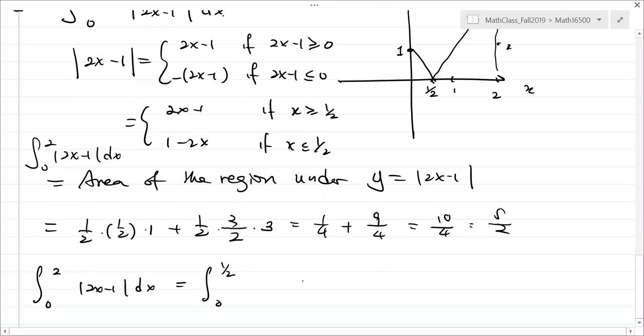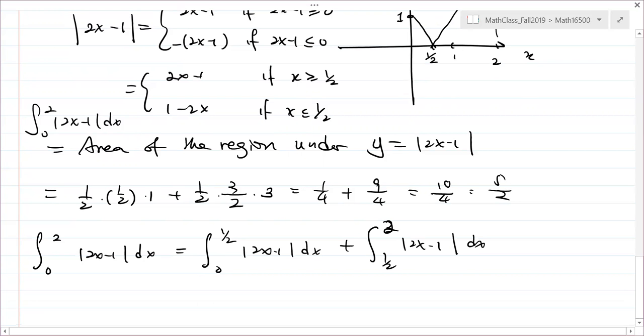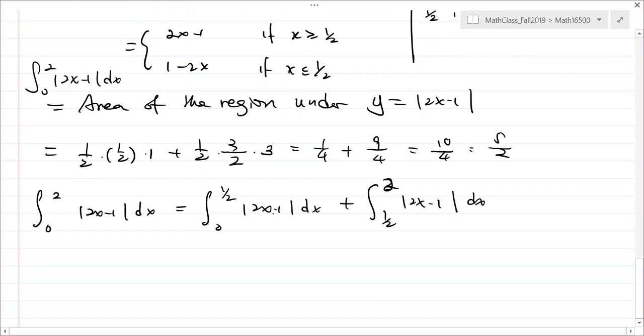You divide the integral into two regions, two intervals, and on each interval you can determine the sign. For x less than 1/2, 2x minus 1 is negative, so it's the integral of 1 minus 2x dx. And here, the integral of 2x minus 1 dx.